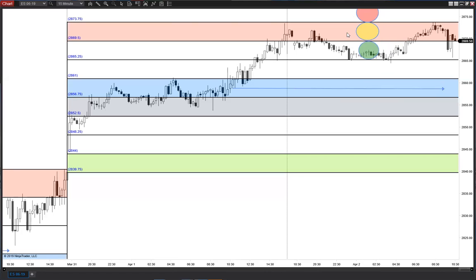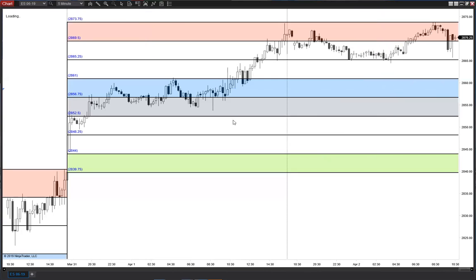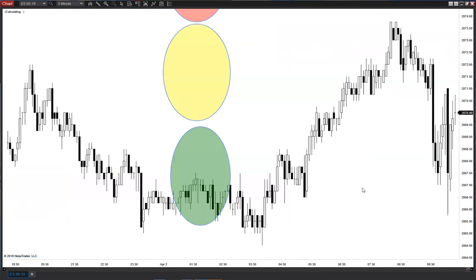So for now, this is our fighting box, yellow circle, sorry. And this is our support box, and this is our resistance just above. And this is something my mind can get around. Once we do that setup, we can manipulate this information any way we want, including putting it on like a 5-minute chart.